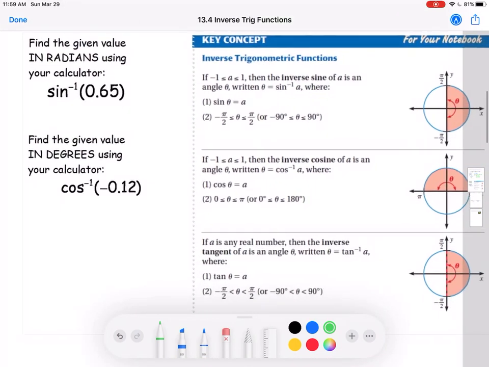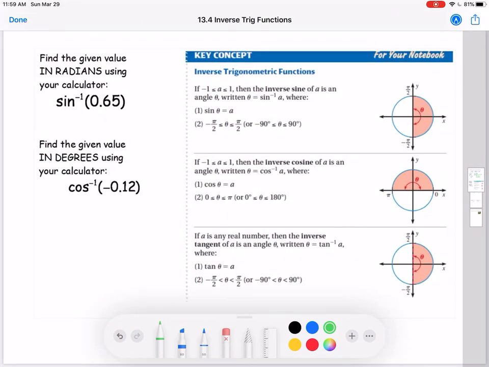Okay, let's look at a couple for you to practice. Use your calculator in radians to find the inverse sine of 0.65. So type that in quick, and you should get 0.708 if we round to 3 decimal places.